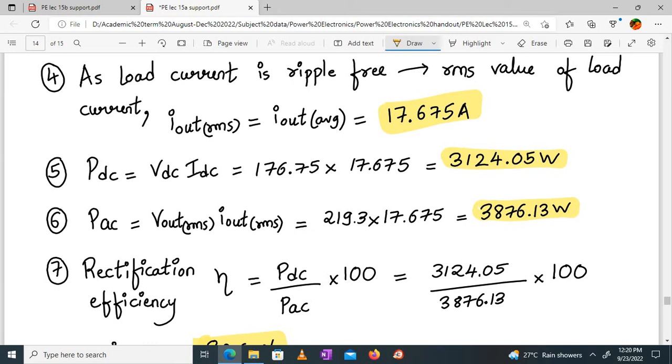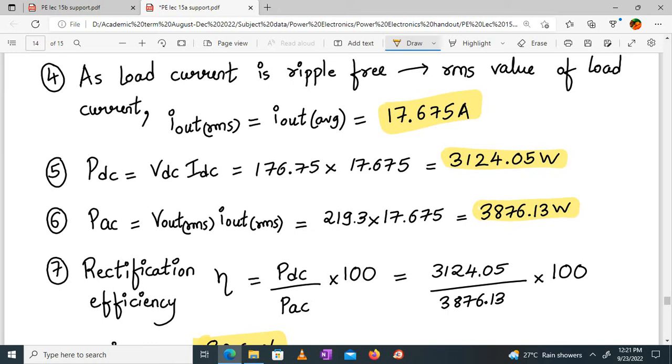Please calculate these three things. I'll give you a minute. Don't just directly write down the answer, please verify them. This is a solved numerical given in PS Vimra. I've taken from there only.